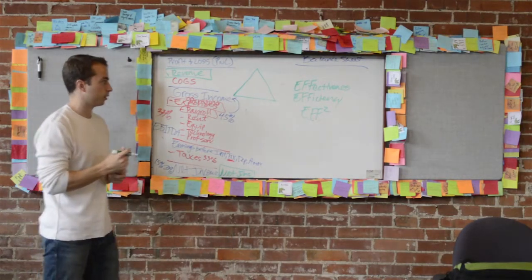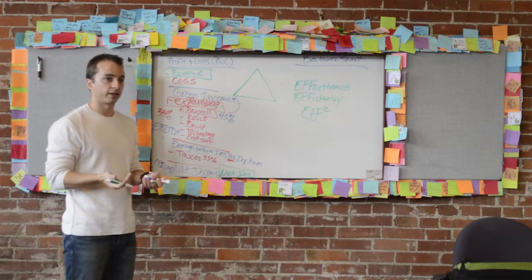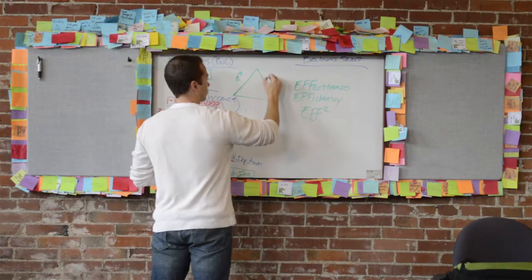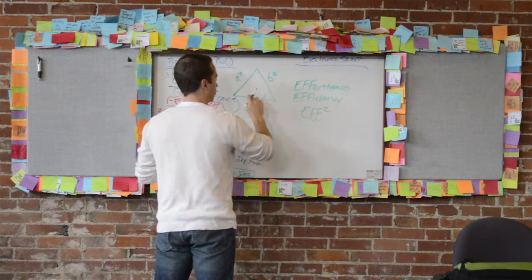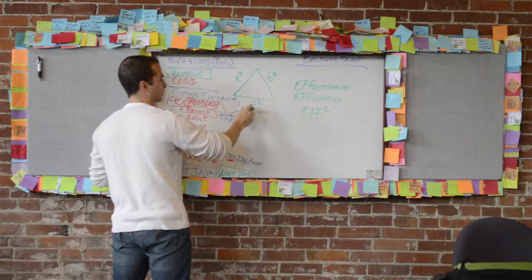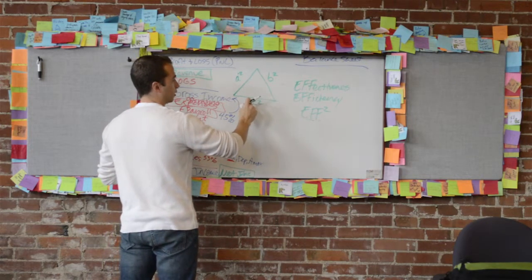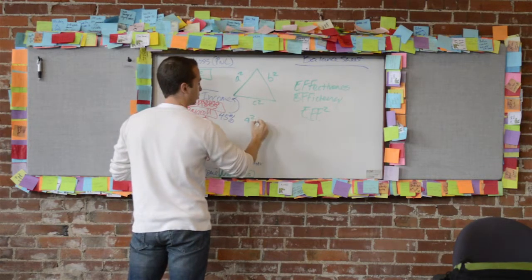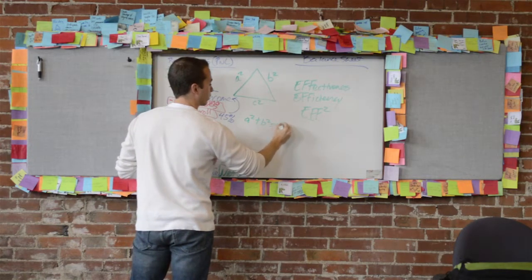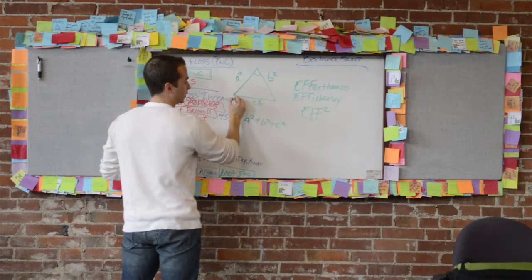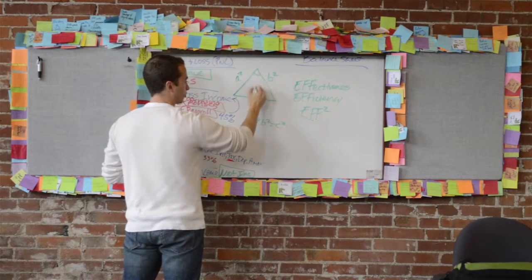You guys have heard the Pythagorean theorem, a squared plus b squared equals c squared. What the Pythagorean theorem says is that the length of the hypotenuse is given by a squared plus b squared equals c squared. And the hypotenuse, if this is a right angle, is the one that's across from that.